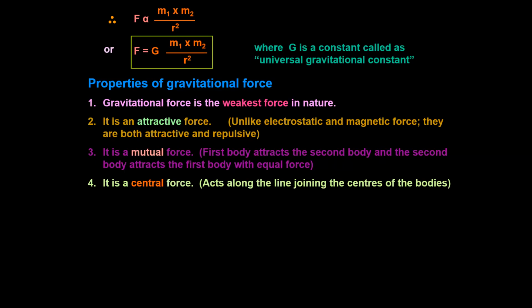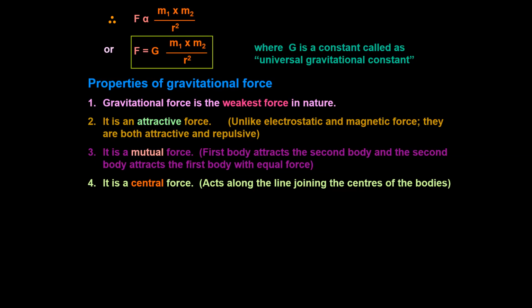If a question comes in your exam hall asking you to explain gravity or gravitational force, you should write F is equal to G M1 M2 divided by R square.